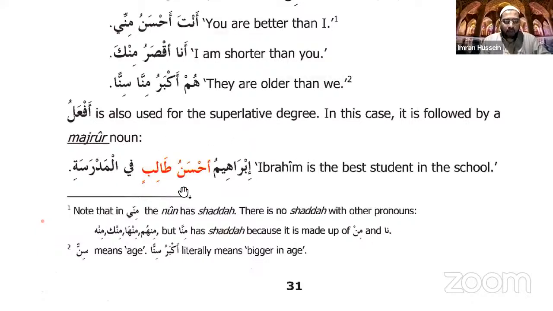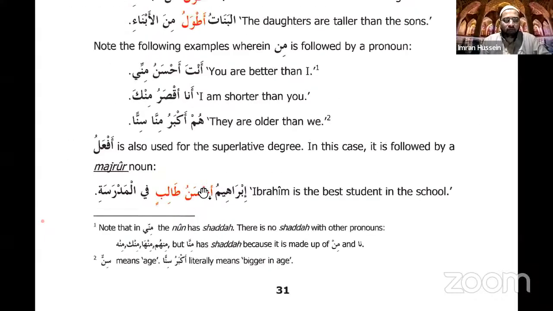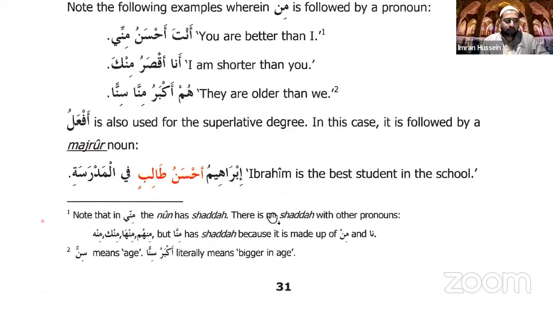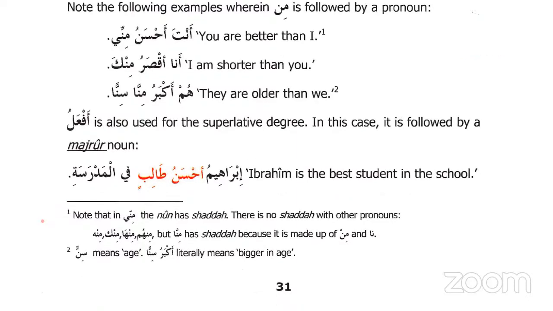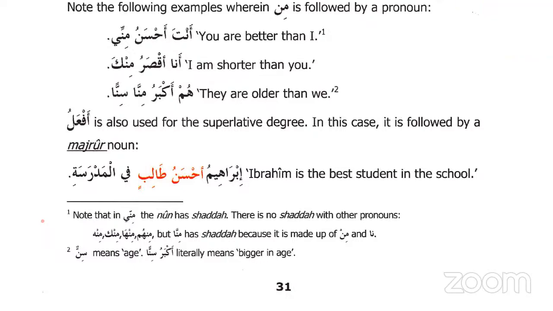Now this is a superlative degree. Here there's no min after ahsanu, but a noun comes with kasra tanween. Ahsanu talibin. This is mudaf ilayh, and this is a superlative degree, meaning the best student. Bismillah. Ibrahimo ahsanu talibin fil madrasah. Ibrahim is the best student in the school.